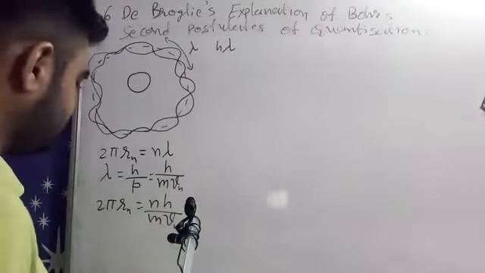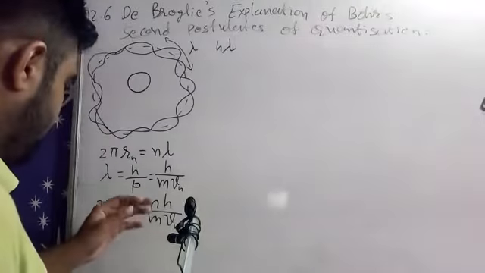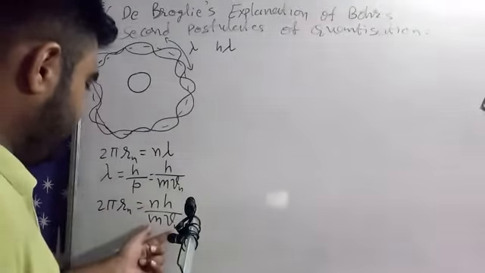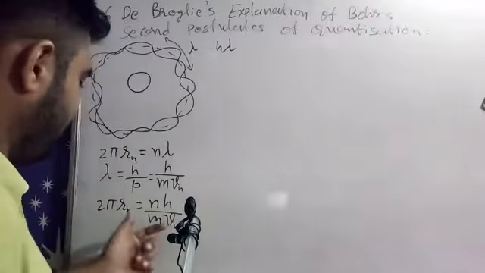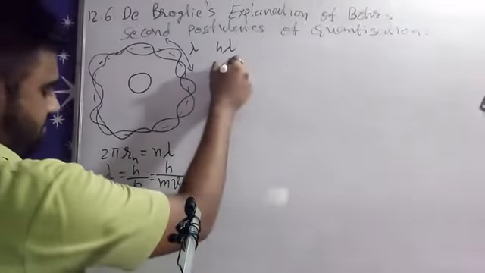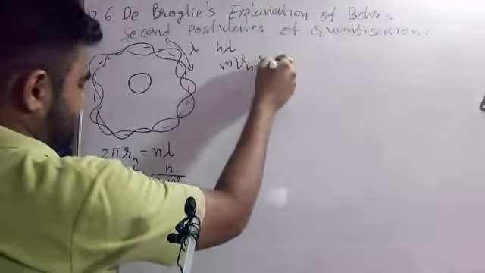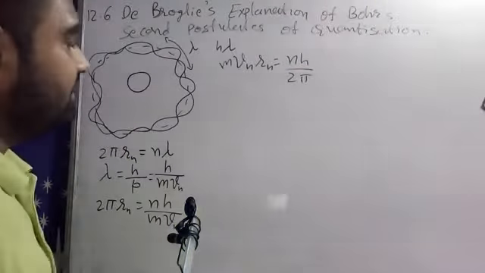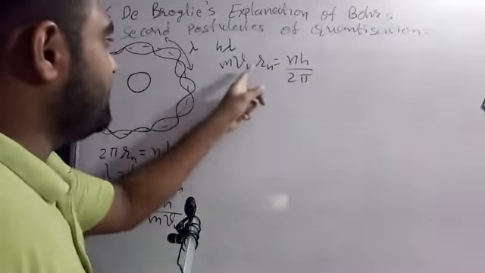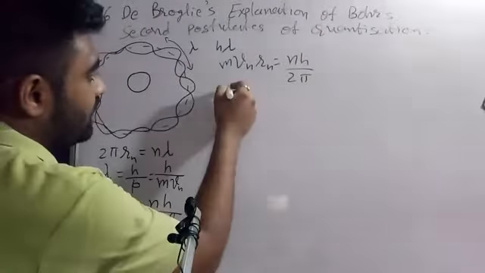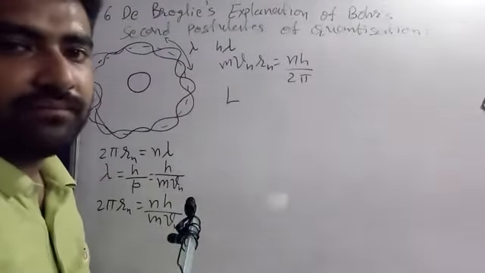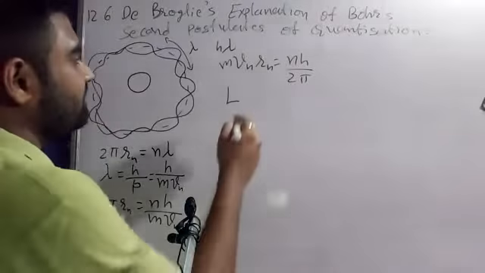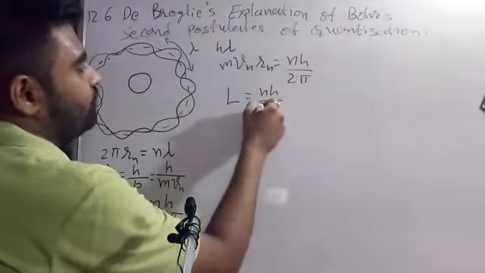Cross multiplying, we get m Vn rn is equal to nh upon 2 pi, and m v r is our angular momentum L. So angular momentum L is equal to nh upon 2 pi.